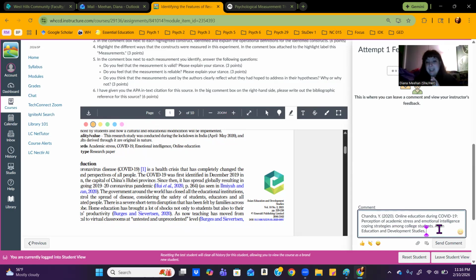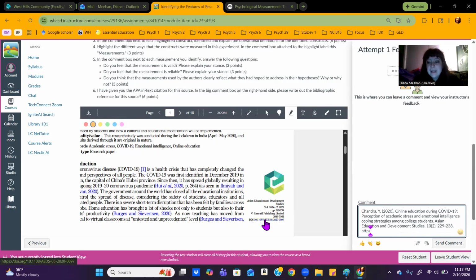We have volume 10, number 2. So volume 10, edition 2, comma. We have page numbers, or it says PP. So we have page numbers 229 through 238. And then we are going to comma, yes, and then our DOI. So again, you can choose to just put the numbers, or you can do HTTPS.